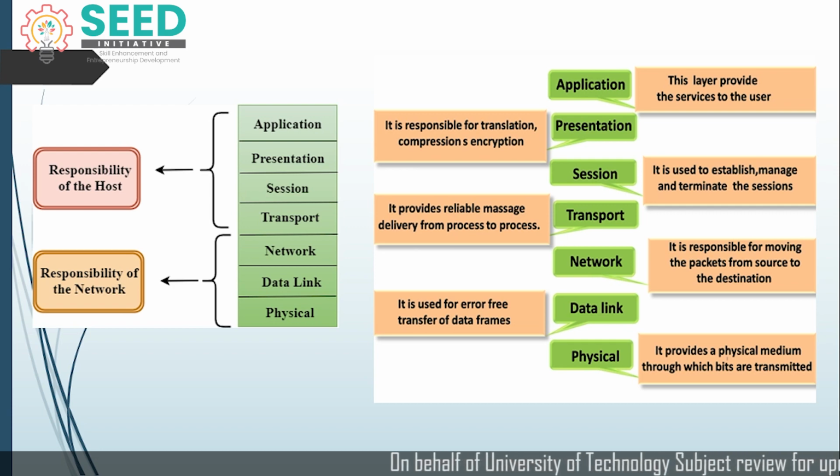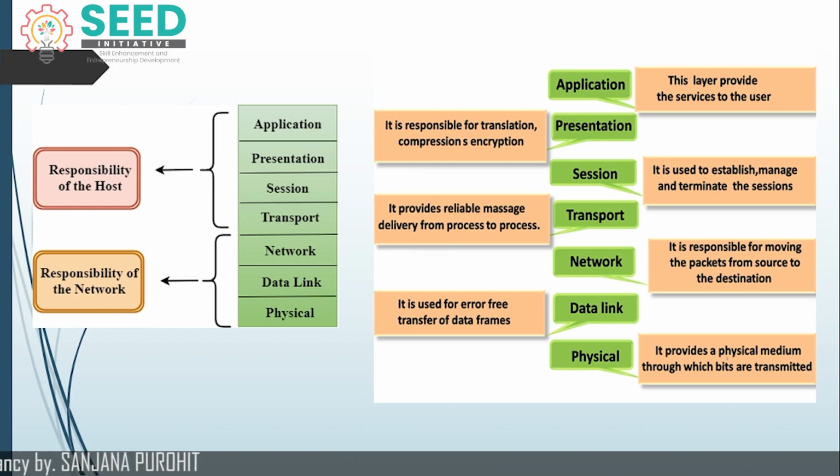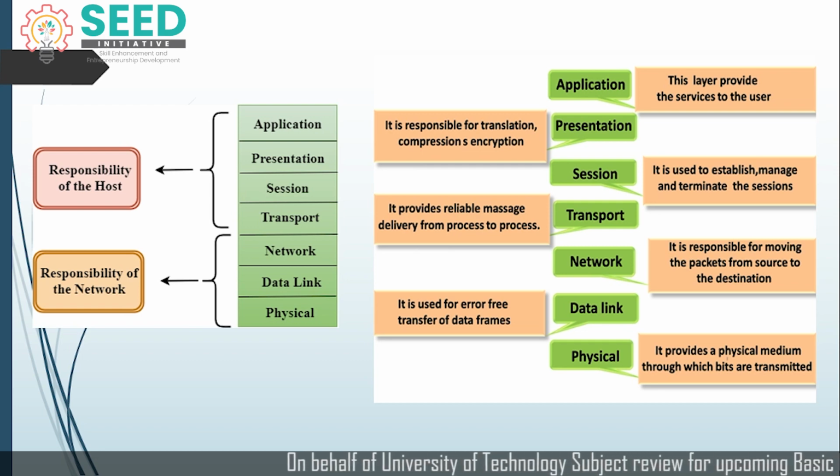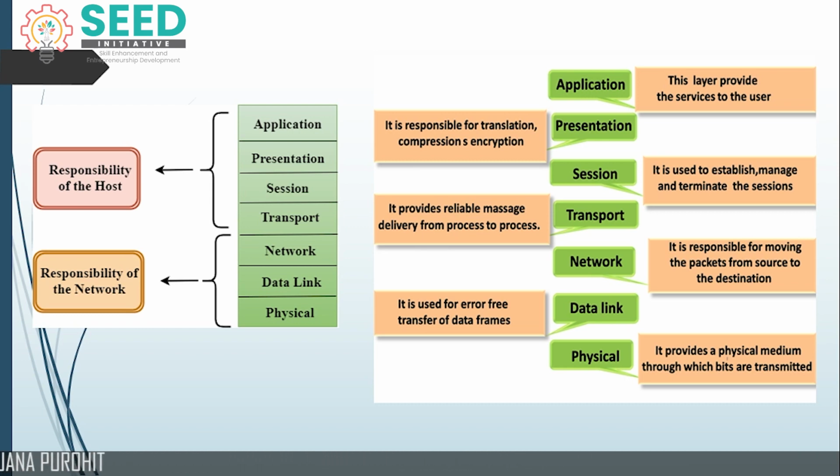And the last layer is the application layer. This layer provides actual services to the user, or at the end of this layer, the final information will be transmitted from one computer system to another computer system.